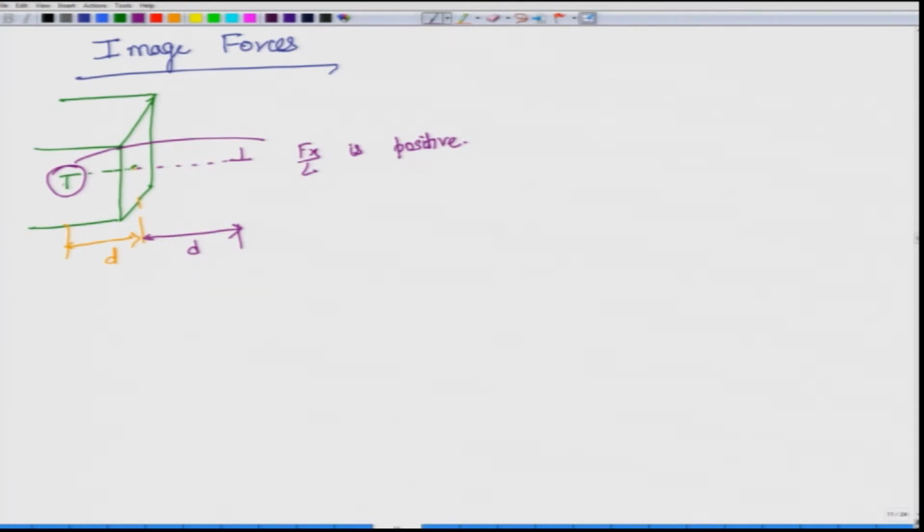So, since it is already a negative Burgers vector, Fx by L is negative, which would mean that it is moving in the plus x direction. Let me correct that. Since b is negative, Fx by L is also negative, implies force is acting towards positive x direction.